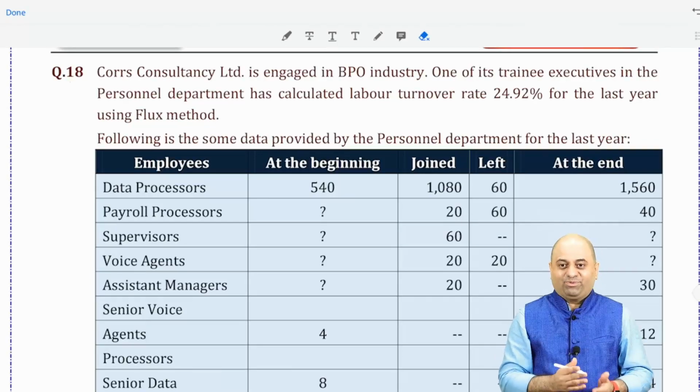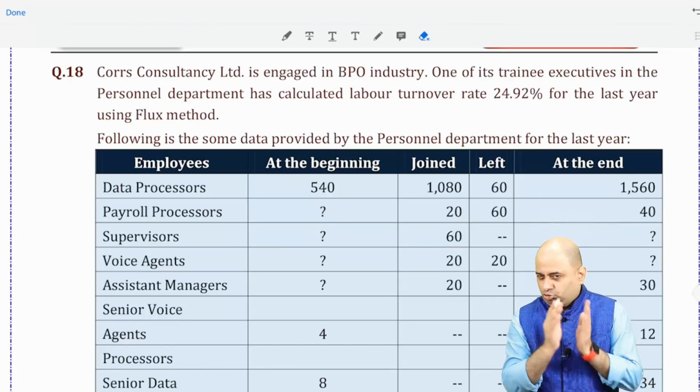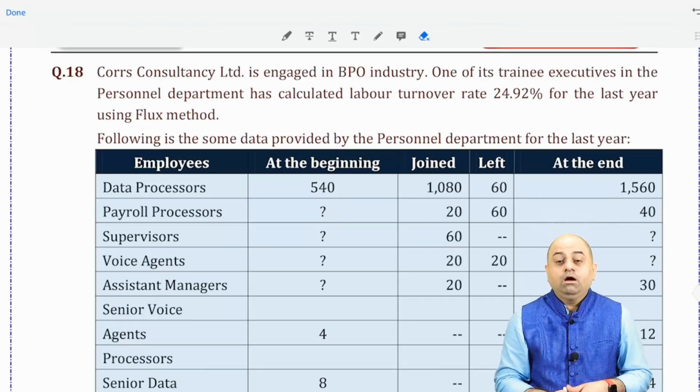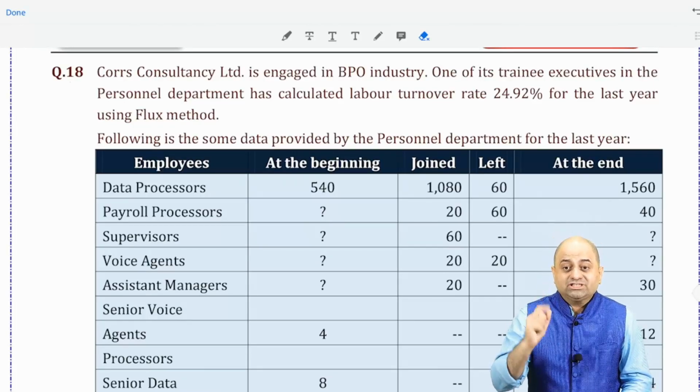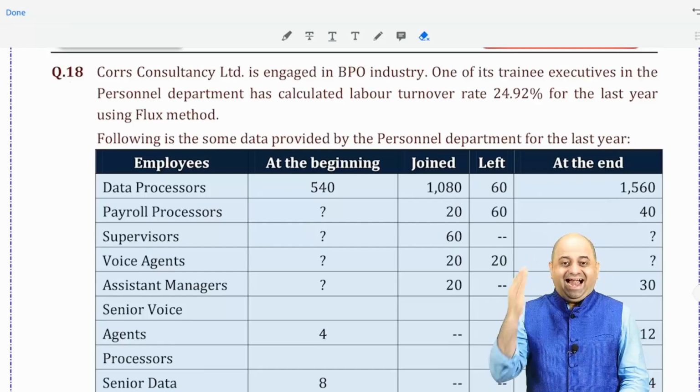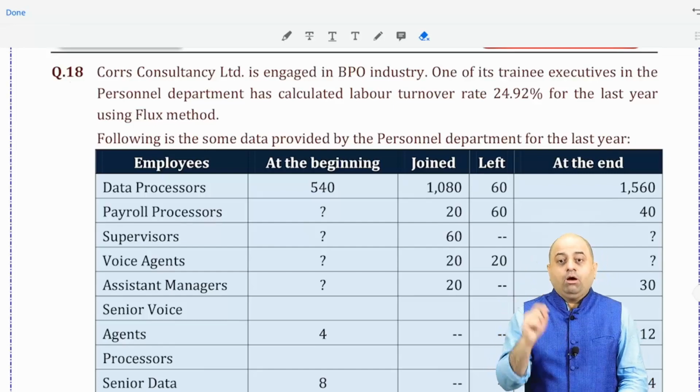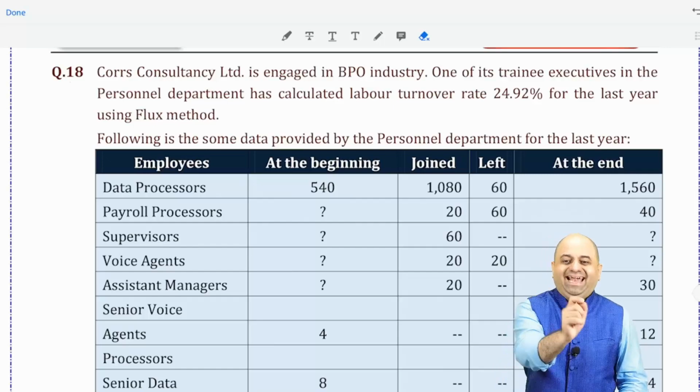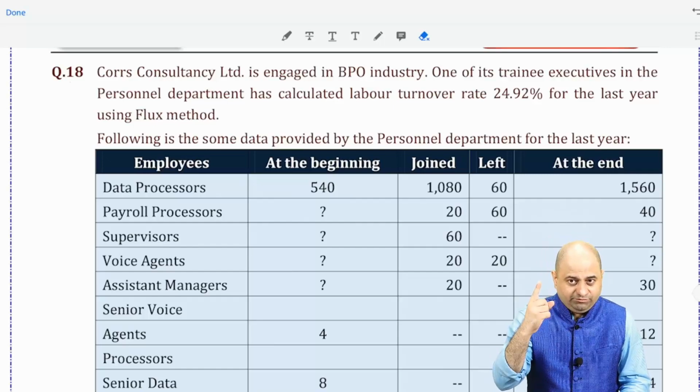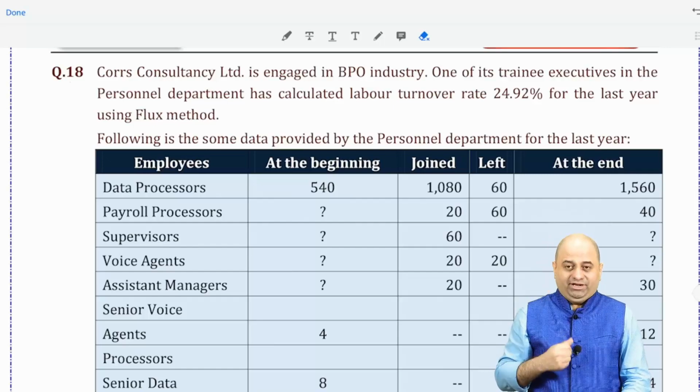It's that kind of a problem. But then, few points to remember, please understand. First, the equation is at the beginning plus joined minus left is equal to at the end. First equation. Then second point which you need to understand.